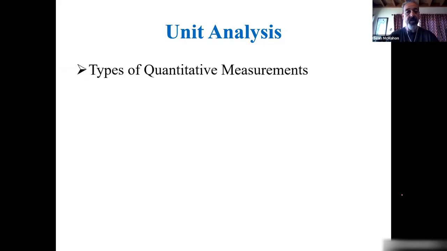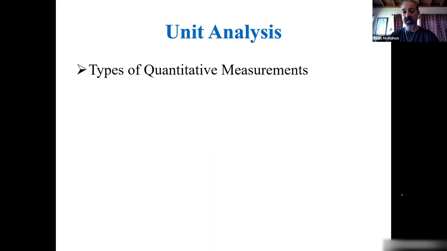So today, we're going to continue our discussion with, again, math review, but now we're going to use the measurements that we take in lab, combine them in calculations, and use problem-solving techniques. So we're going to go over the different types of measurements.